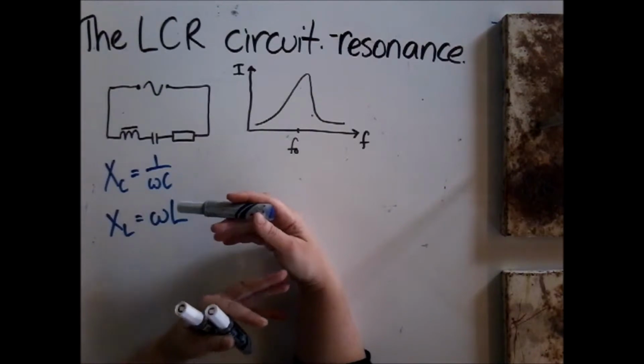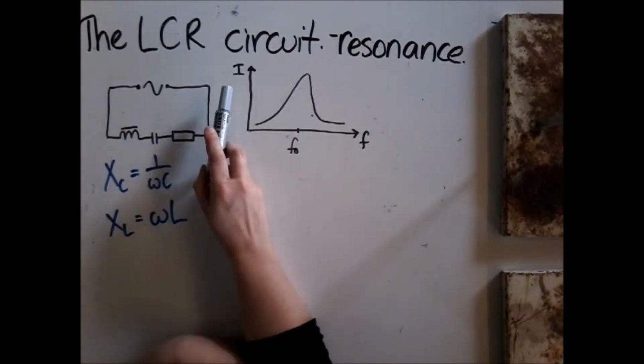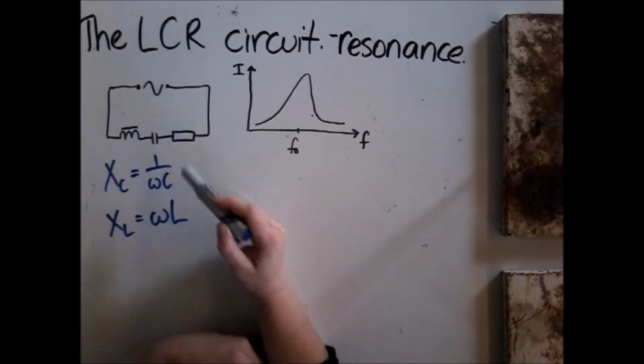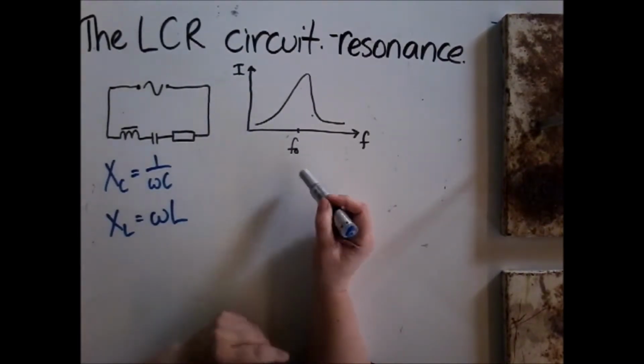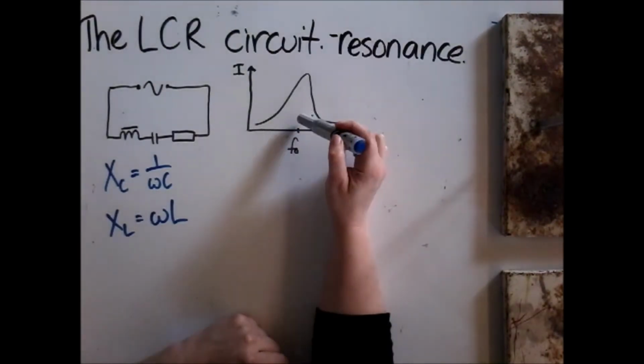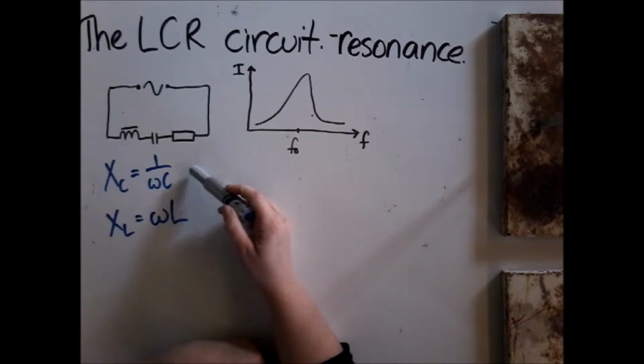And that minimum impedance, naturally, being the smallest possible impedance the circuit can have, gives us a really, really big current. So I hope you've guessed what I'm getting at: you get resonance at the point where these two things cancel out.